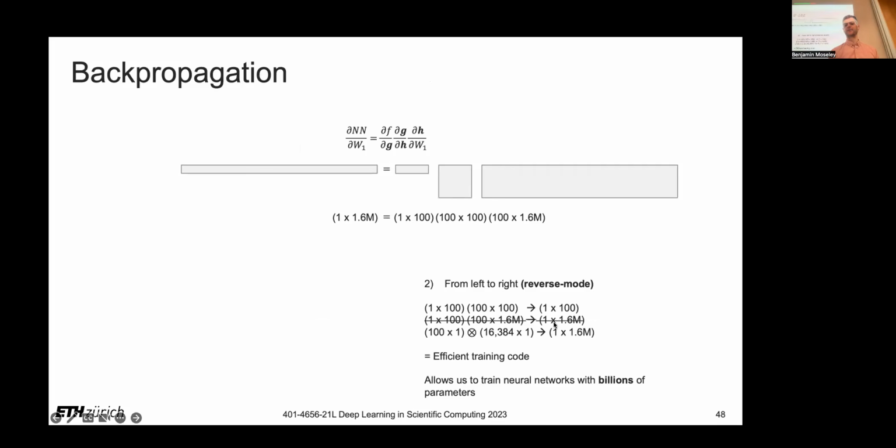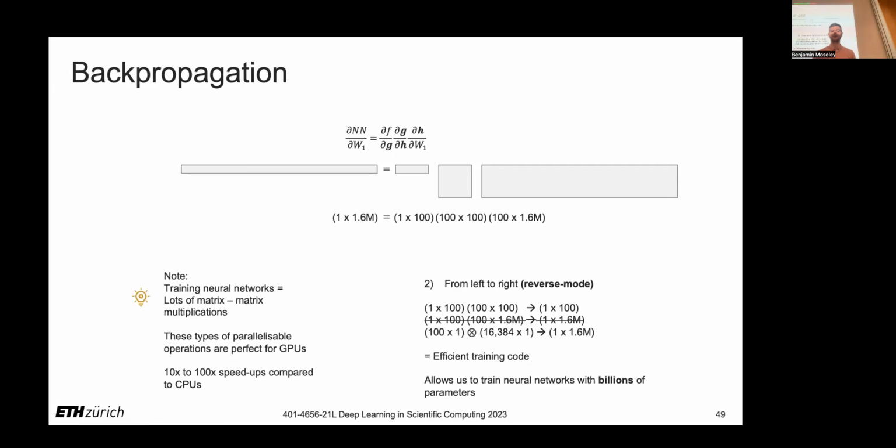So we can get rid of this big matrix multiply here and just turn it into a very simple outer product. And you can see there that we've gone from really massive computation to a very efficient training code for getting the derivatives of our network. And this is the key point that allows us to train billions of parameters: exploiting these vector Jacobian products and using reverse mode differentiation.